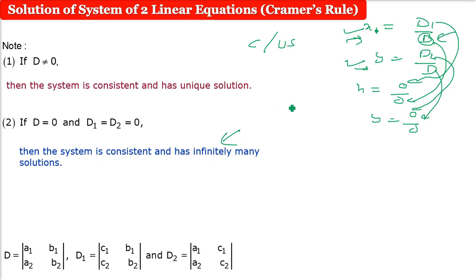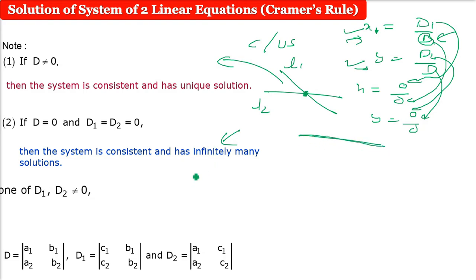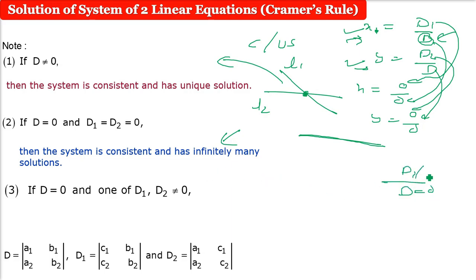If you have two lines and they intersect, you get a proper point. That is the case when d is not equal to 0. Line 1 and line 2 intersect, so you get a proper point of intersection, which is the solution of these two equations. But when both lines are the same, the system is consistent with infinitely many solutions.